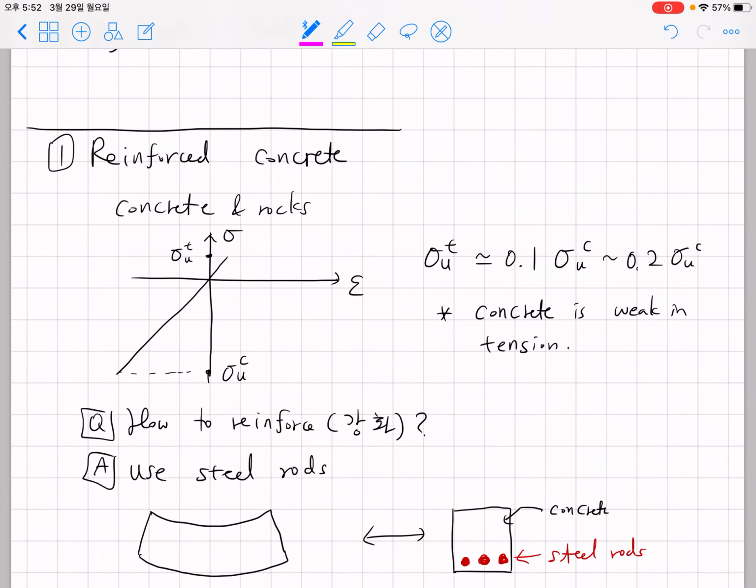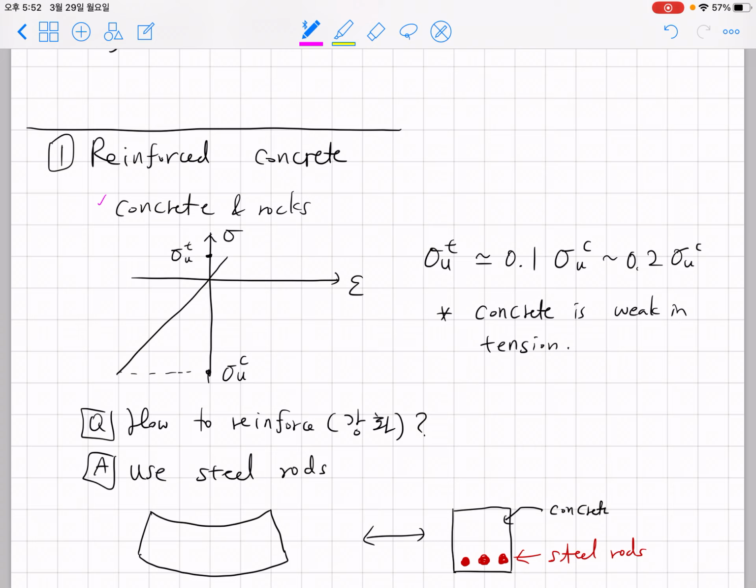To discuss reinforced concrete, we have to think about the necessity of using steel reinforced concrete, or in Korean 철근 concrete structure. When we consider the stress-strain curve of concrete and rocks, we have a hugely asymmetric response under tension and compression.